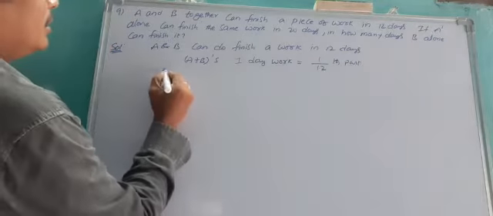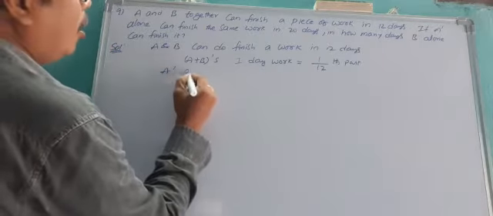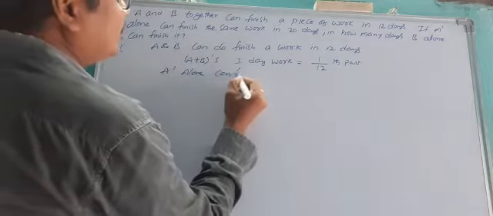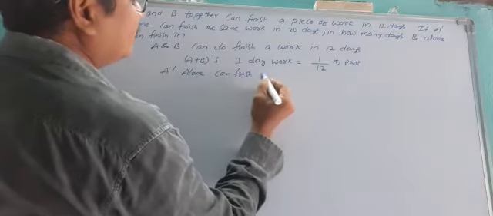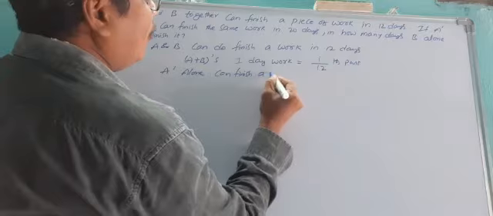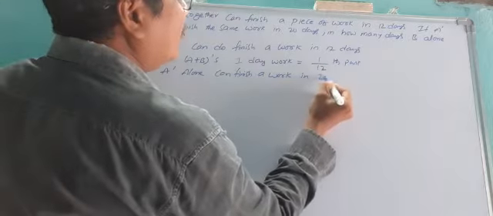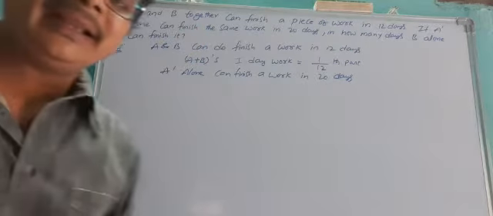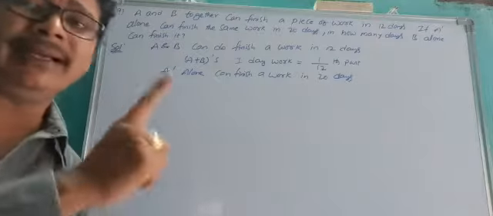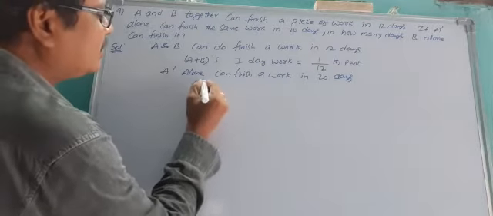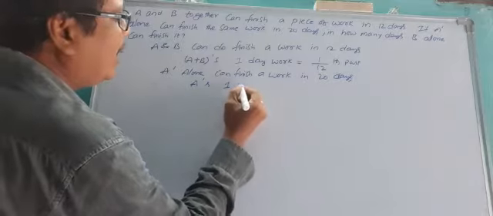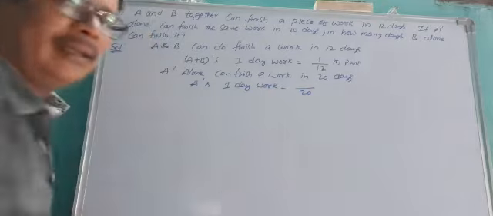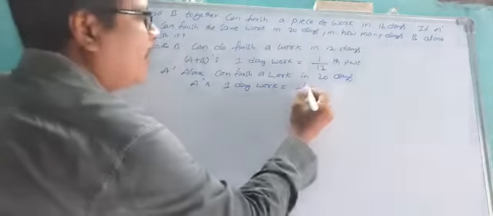As well as A alone, that means single, can finish the work in 20 days. That means A's 1 day work: out of 20 parts, A completes 1/20 part in 1 day.